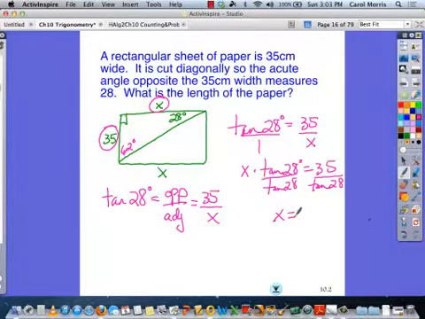And they didn't say approximate or anything, so go ahead again, double check your calculator, make sure it's in the right mode, and you should be able to do 35 divided by the tangent of 28. And I got about a 65.8 for my edge. And it was in centimeters, so we'd have to say centimeters. So and that appears to be right if we're talking about a rectangular piece of paper that they described. If that width was 35, our length definitely has to be longer, and it truly is.